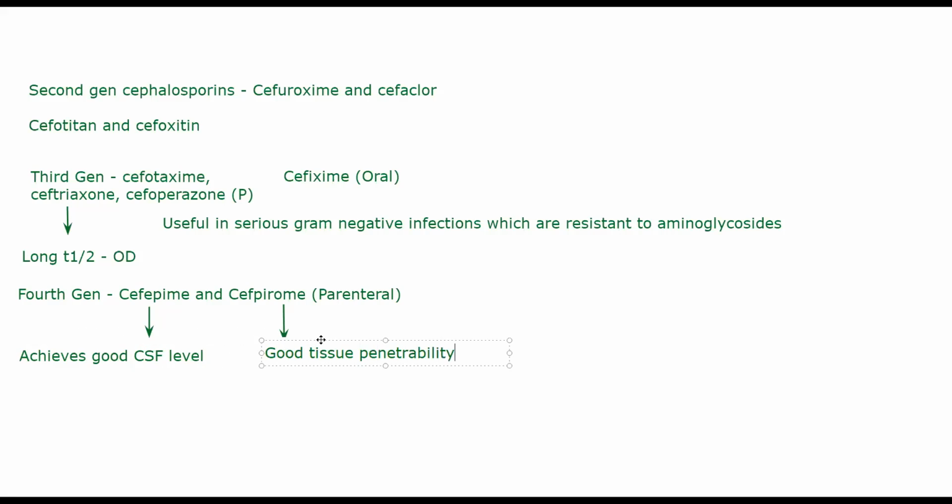So if you're trying to treat abscesses, ulcers, things like that, cefpirome works well. Now, fourth generation, these two are very good in case of septicemia as well. If a patient is having septicemia, sepsis basically, in them it is very good.